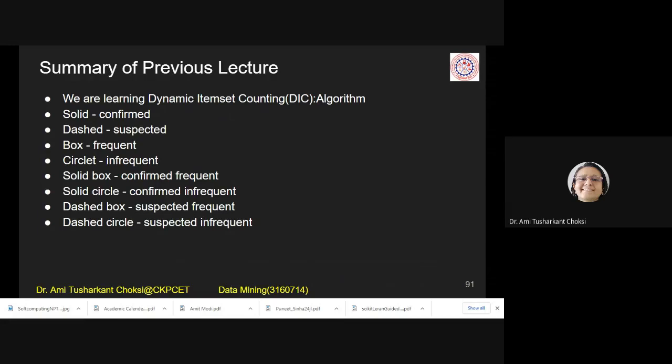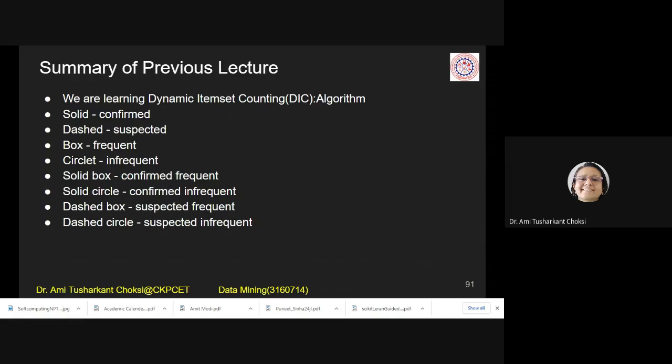In that we are using circle and rectangle, or we can say box: solid box, solid circle, dash circle, dash box. All the things we have talked of a bit.